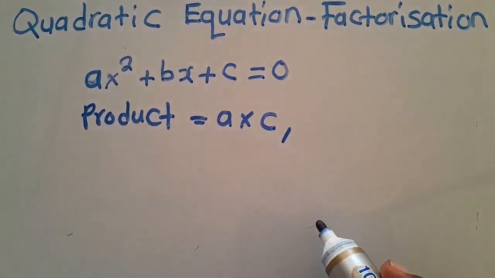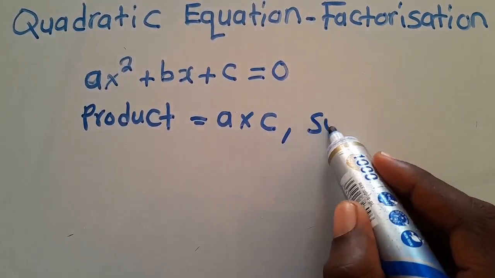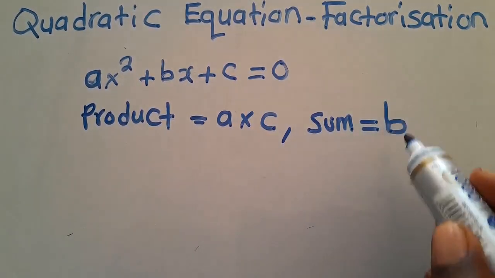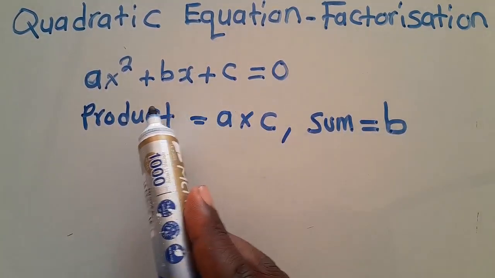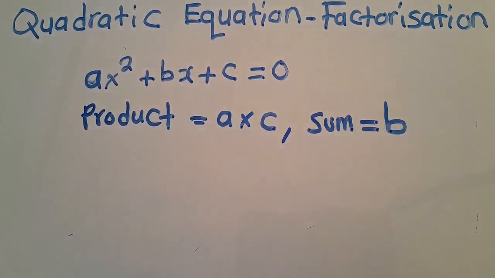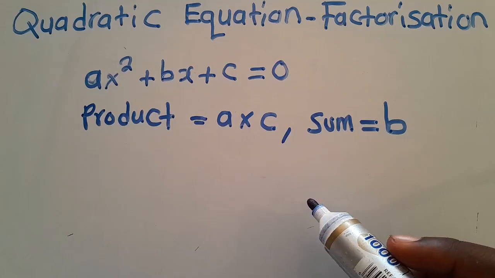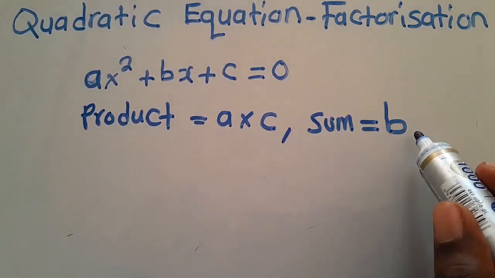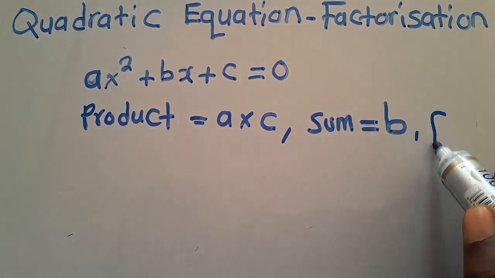After finding the product, we find the sum. How do you find the sum? The sum, you just get B from the quadratic equation. Then the last step is to find the factors.